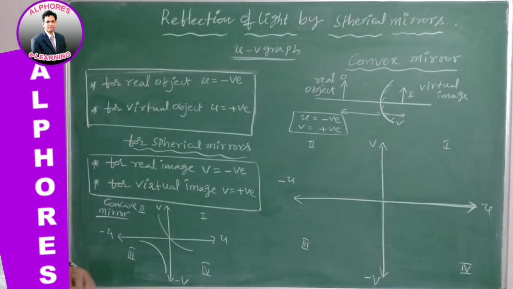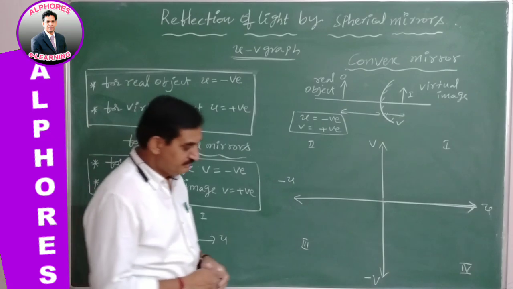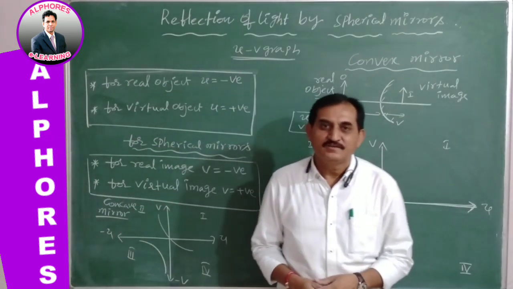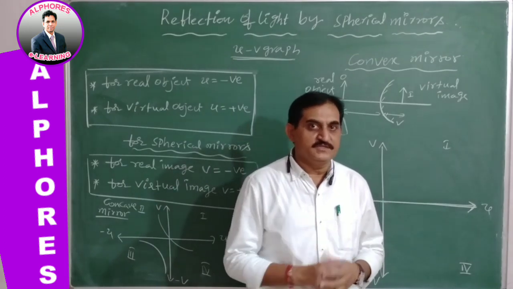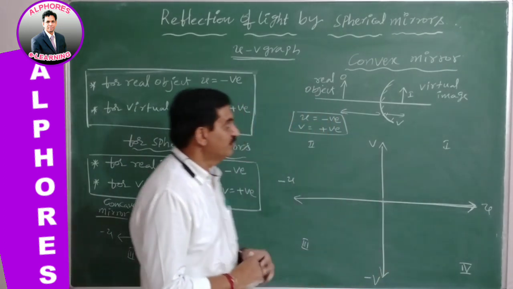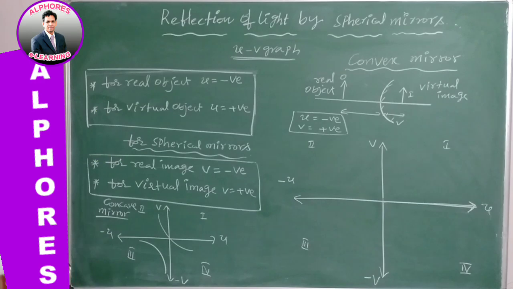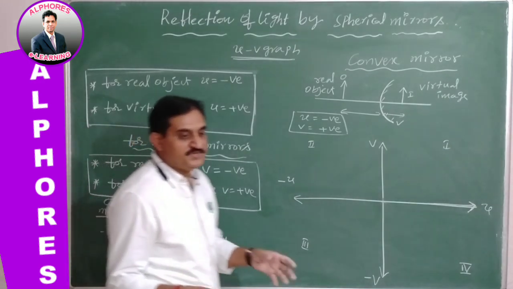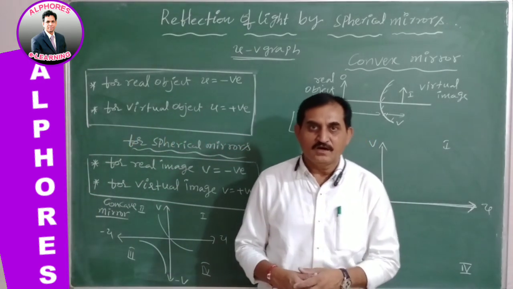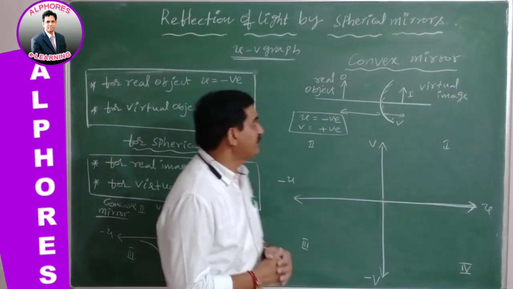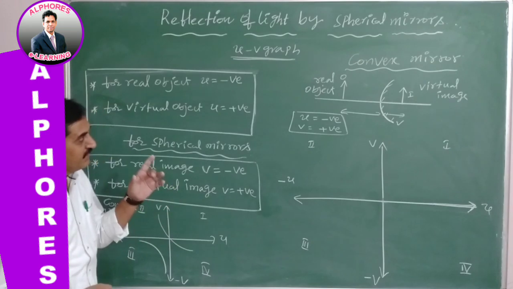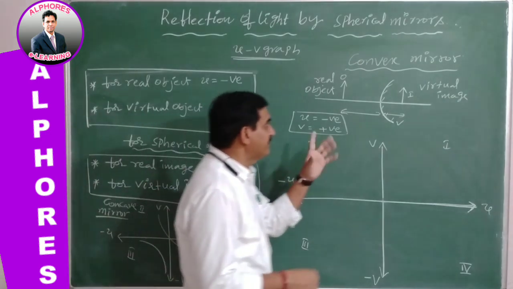Now come to the UV graph of the convex mirror. As we know, a convex mirror always gives a virtual image for a real object, whatever the position of the object. Whether the object is at infinity or closer to the spherical mirror, the corresponding image formed is always virtual.